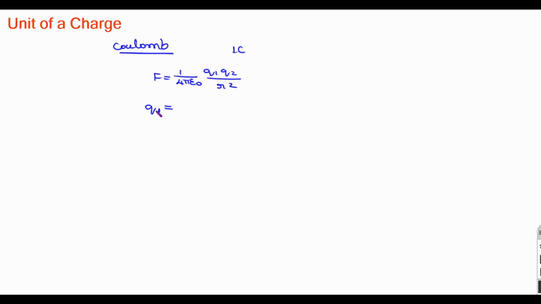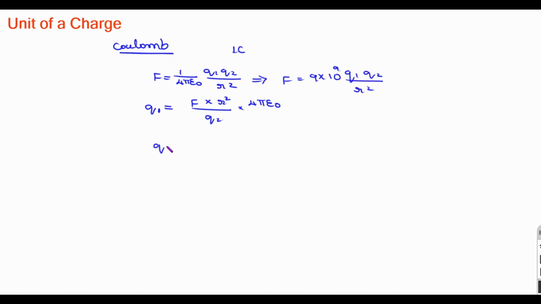F goes to the numerator, r square goes to the numerator, and q2 into 4 pi epsilon naught goes to the denominator. Or you can write 1 divided by 4 pi epsilon naught as 9 into 10 to the power of 9. So F is equal to 9 into 10 to the power of 9 q1 q2 divided by r square.